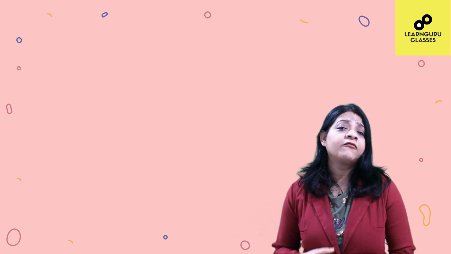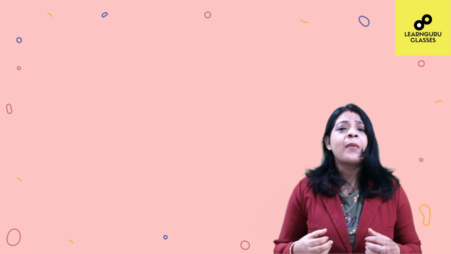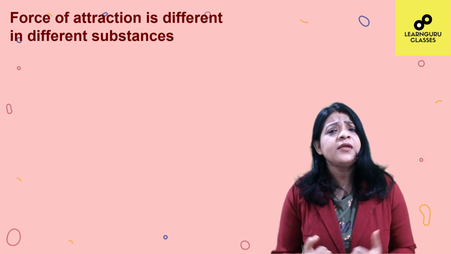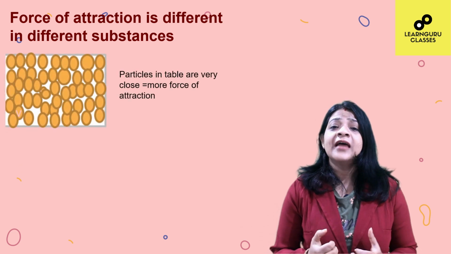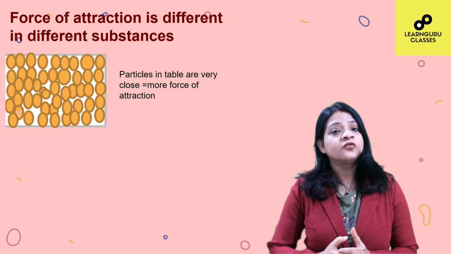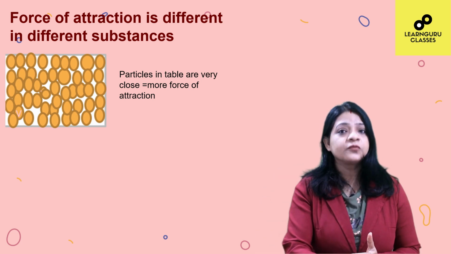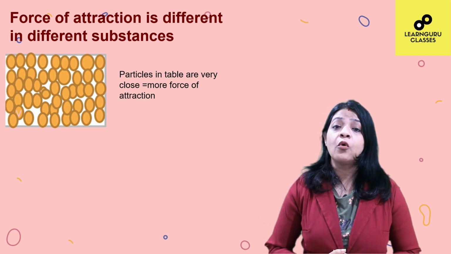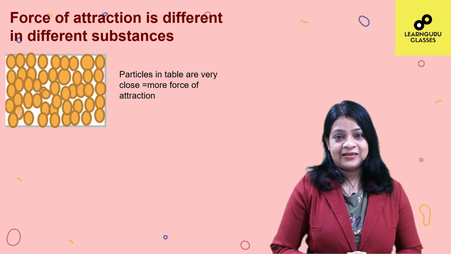The force of attraction is different in different substances. In case of a wooden table, the particles of wood are placed very close to each other. That is, they have a very strong force of attraction. So even if you apply a force with the help of a hammer to break it, it can't be broken so easily.